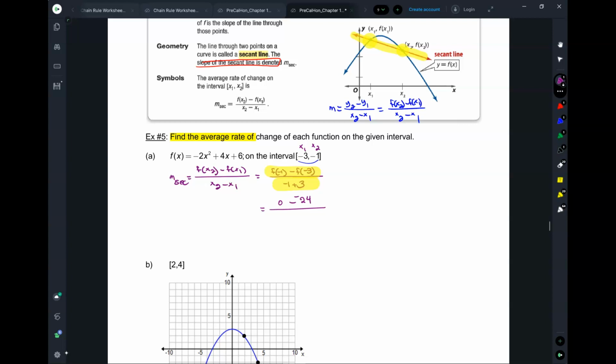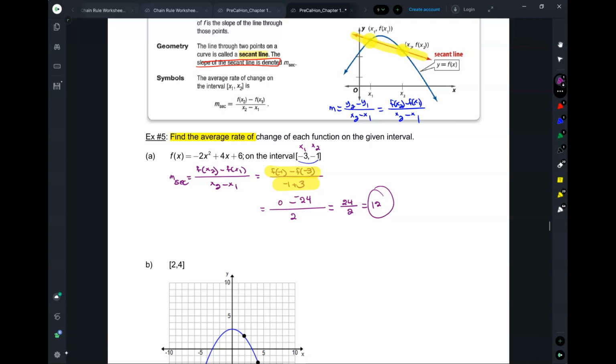If you plug -1 in here, you get 0 minus -24 all over 2. You're plugging it into the -2x squared plus 4. Correct. So that gives you a 12. That's the average rate of change.